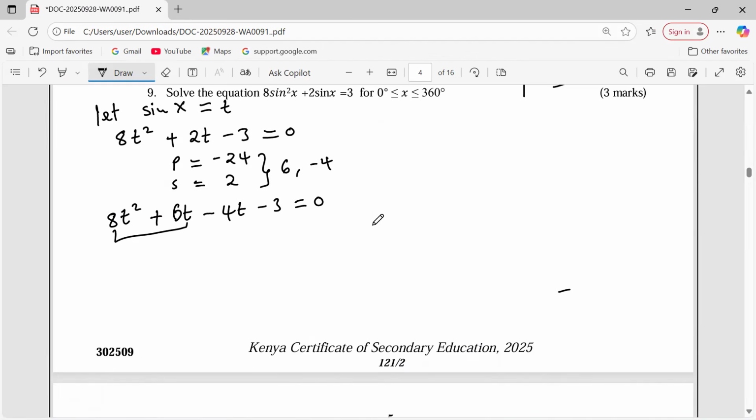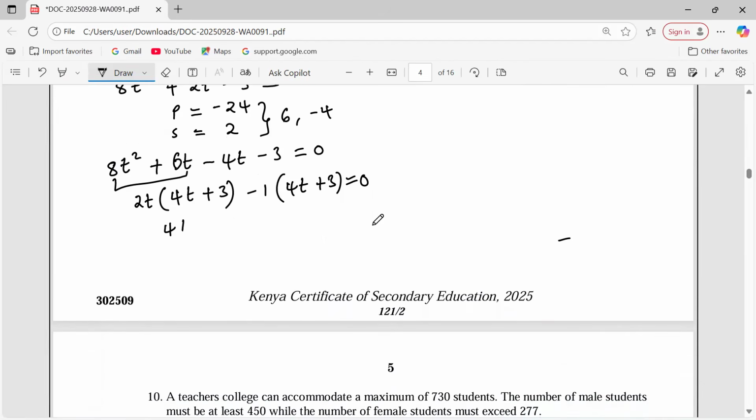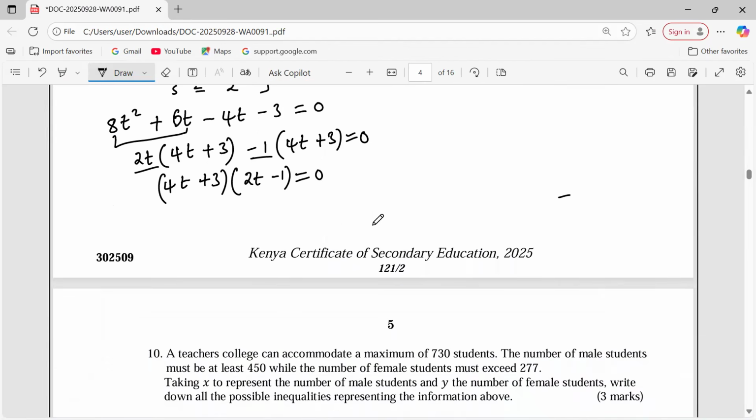From the first 2, we are factoring out 2t, so that will remain with 4t plus 3, minus 1, 4t plus 3 equals 0. Within the brackets, we have 4t plus 3. Outside the brackets, we have 2t and negative 1 equals 0.